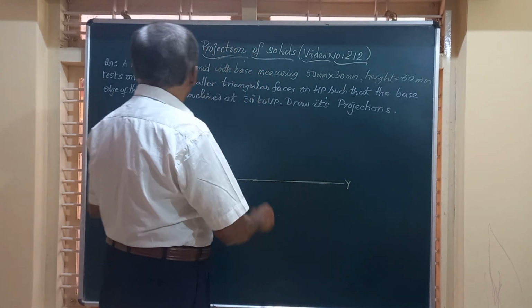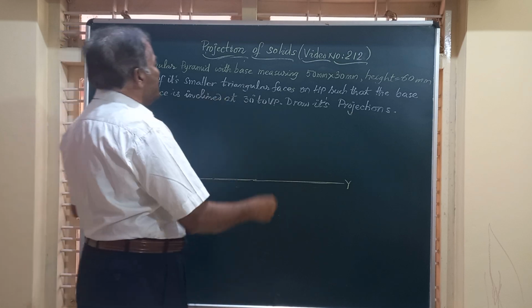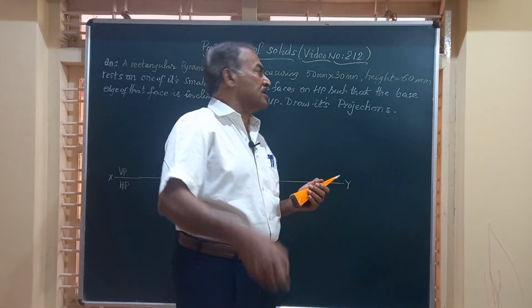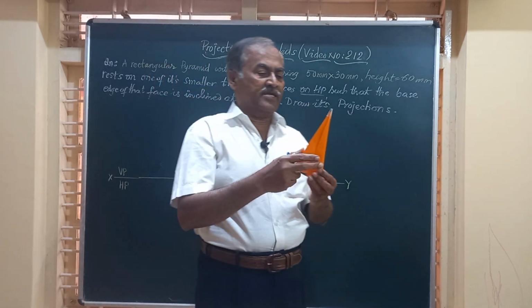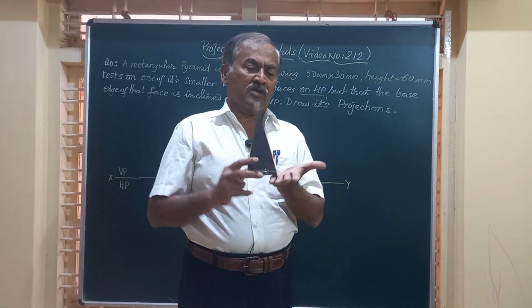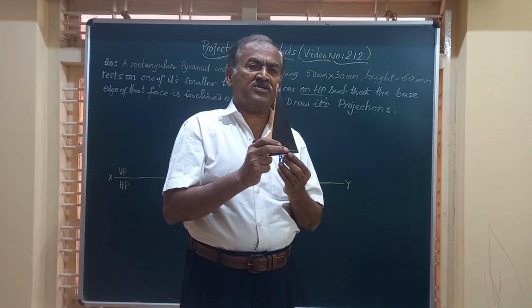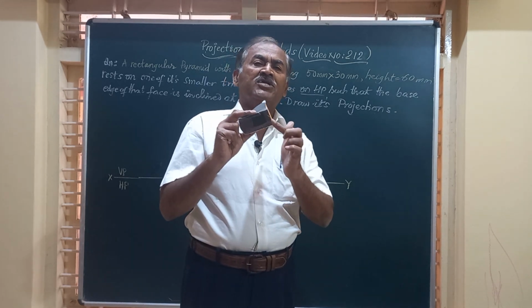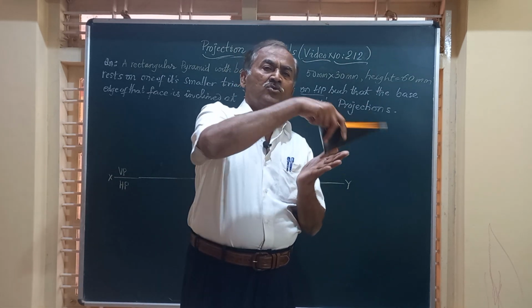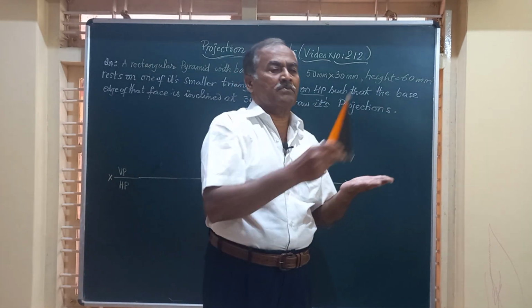In the question it says it has to rest on one of its triangular faces on HP. So it is possible to make it rest on HP on one of the triangular faces only when one of the shorter edges is towards the right side of the observer.